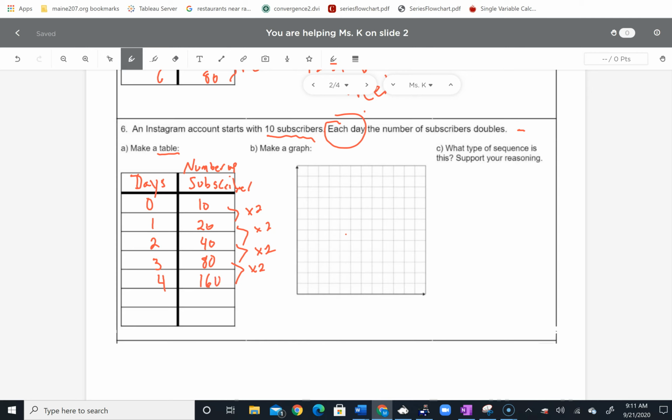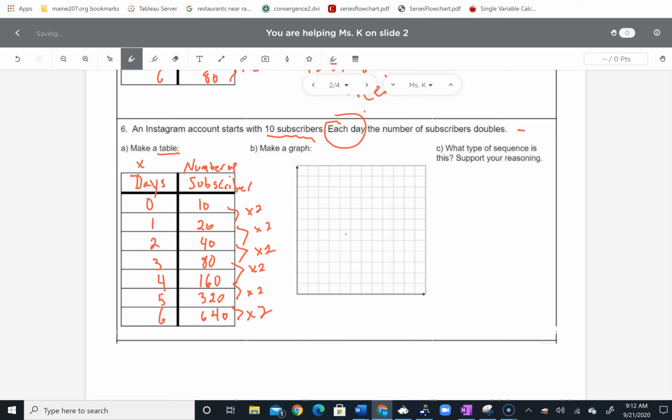We'll be at 160. And as we continue, here's day 5, that would be up to 320. Day 6 would be up at 640 if you were to continue to double. So we've really traced this out, filled in our table.